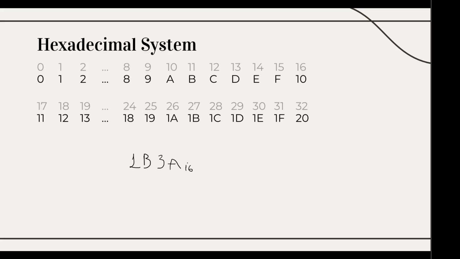Sometimes we may add this little number to the side to indicate which numeral system you're using. You could also have something like this, for example, for binary, or like this for the decimal system.